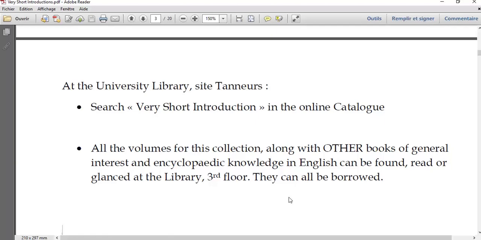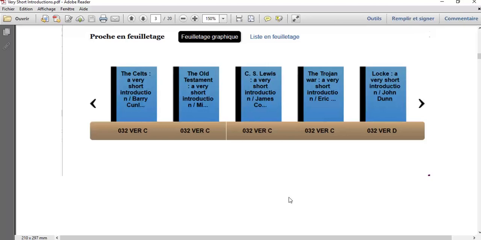The University Library in Tours has some 200 books from the very short introduction collection. And if you look at this online with the leafing through pattern, le feuilletage, you can have access to the whole shelf from your computer.